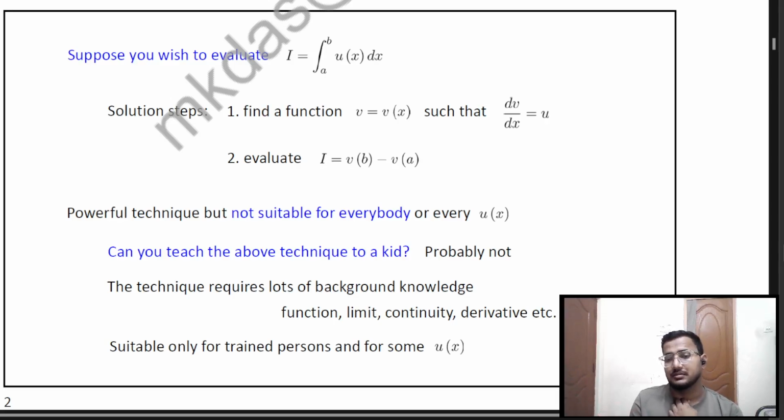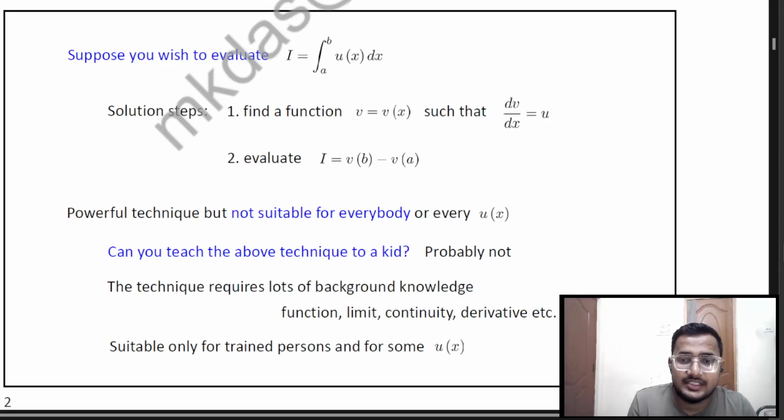Suppose u(x) is ln x; in that case finding v(x) is a very difficult process. By advanced concepts we may be able to find it, but here we are going to teach this to a very small child. Even the child will not know what is I. So this technique is not always suitable for everyone.